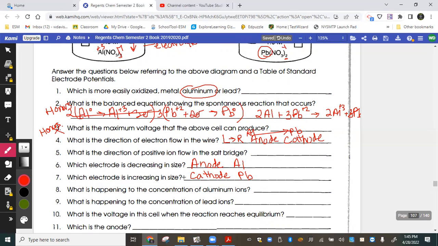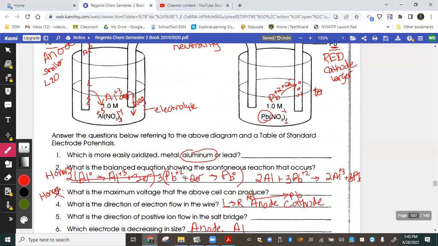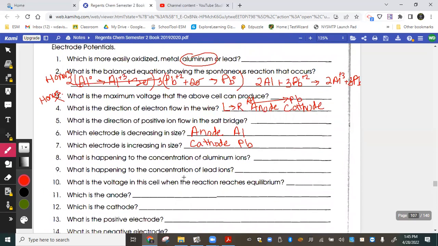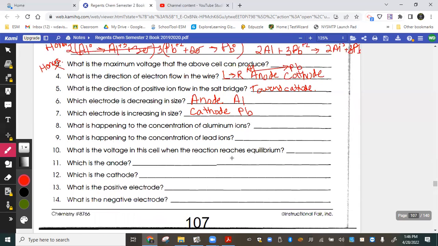All right, the direction of positive ion flow is going to be into the cathode side. So I'm just going to write here towards the cathode side. All right, so now what's happening to the concentration of aluminum ions? Okay, so the aluminum ions are increasing.